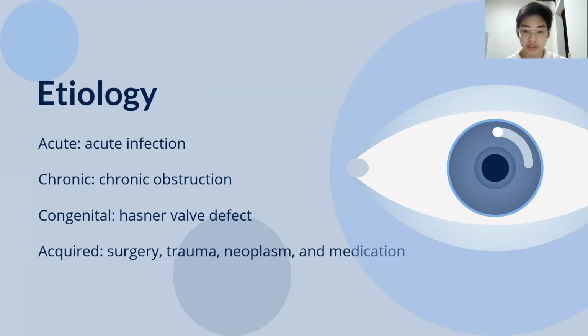Apart from acute and chronic classification, dacryocystitis is also classified by onset, which are congenital and acquired. Congenital dacryocystitis is caused by an anatomical defect that causes an obstruction at Hasner's valve, and acquired dacryocystitis is caused by conditions such as surgery, trauma, medications, and also tumor or cancer.